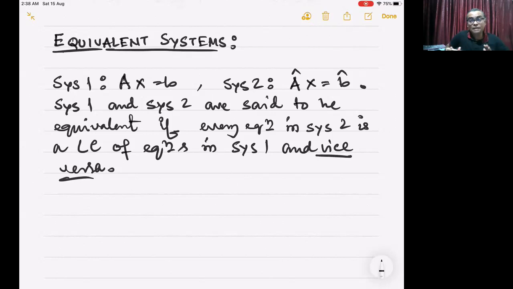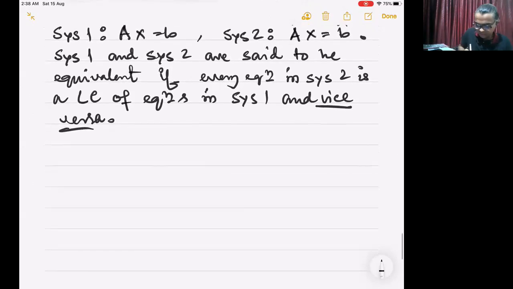But even then, what it is saying is the following: if every equation in system 2 is a linear combination of equations in system 1, and every equation in system 1 in turn is a linear combination of equations in system 2, then the two systems are equivalent. This then brings us to the first theorem of this course.